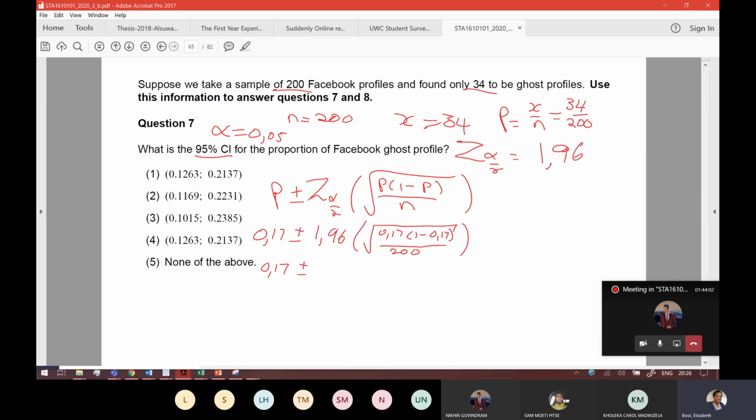Okay, when you calculate everything on the right, what do you get? 0.052.